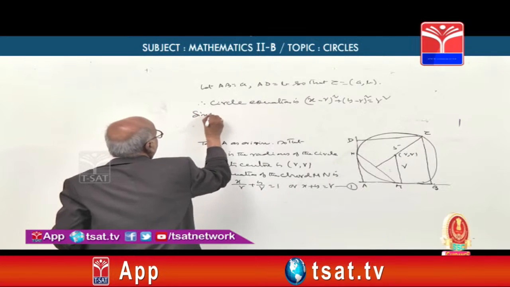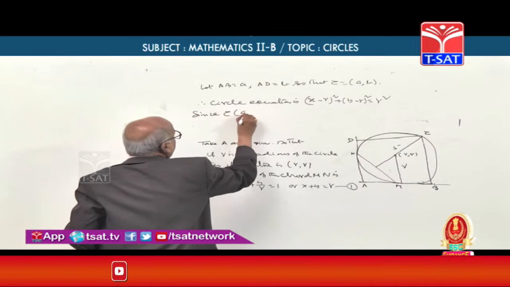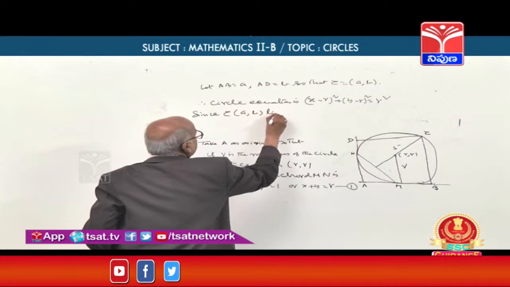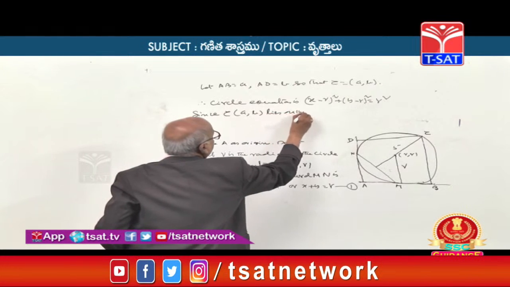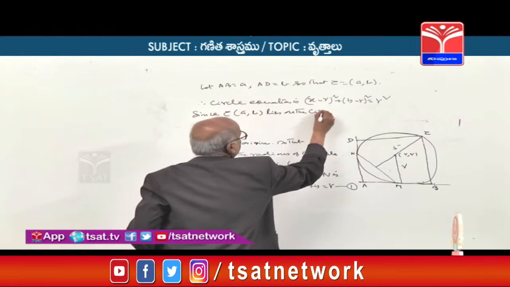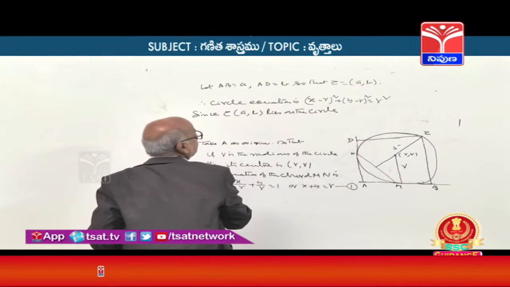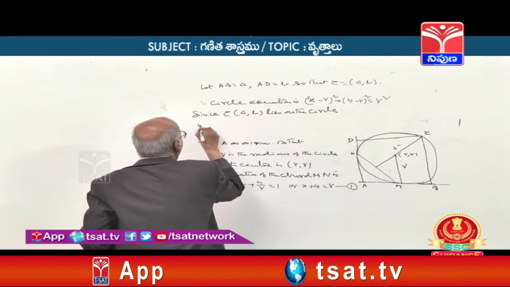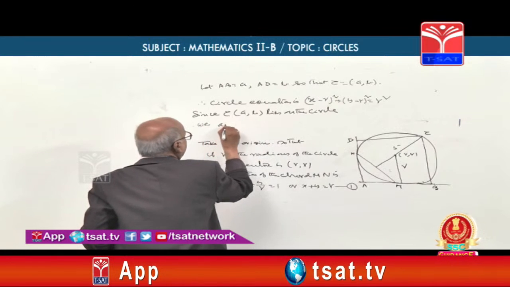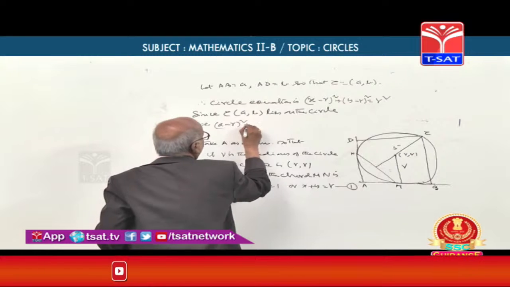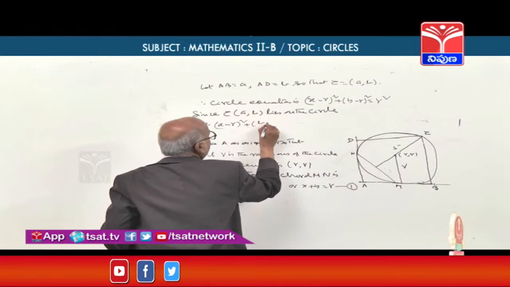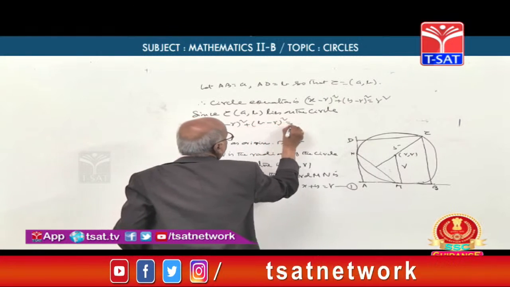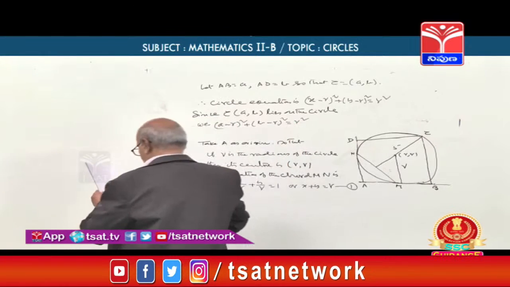Since C, a comma b, lies on the circle, we have a minus r whole square plus b minus r whole square is equal to r square.